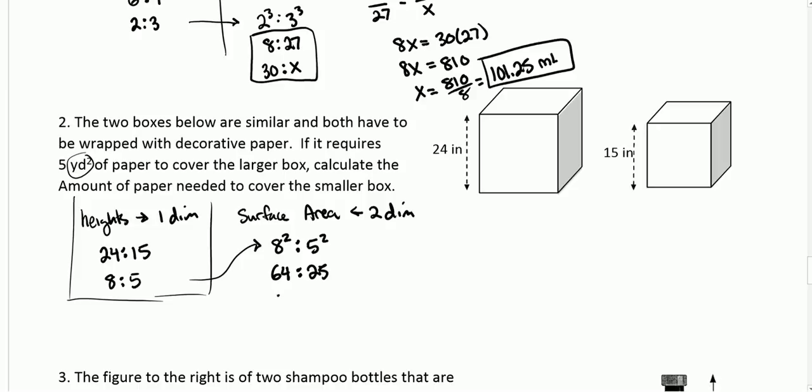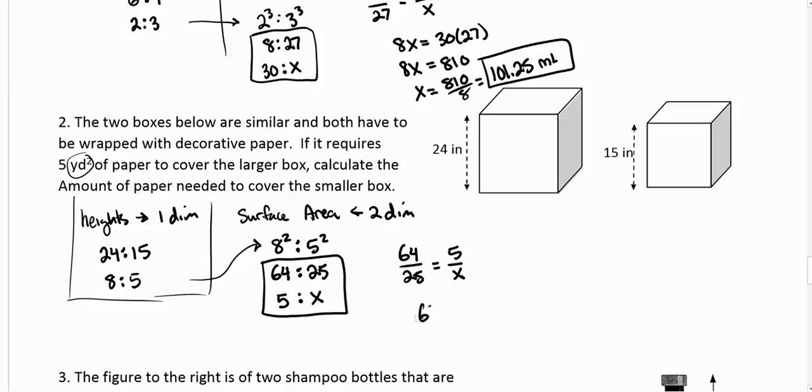So I'm going to put 5 first because we're going large to small in this problem. And we're looking for how much paper is for the smaller. So here, I'm going to take these two ratios, set up a proportion. 64 over 25 is equal to 5 over x, and cross multiply.